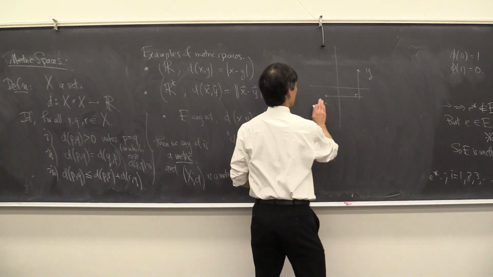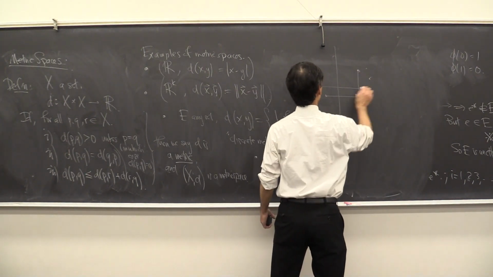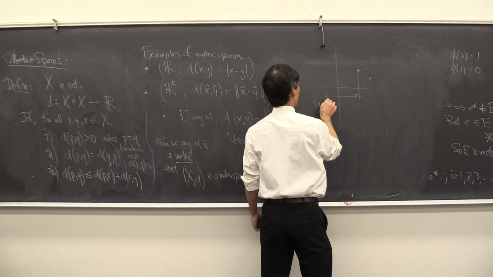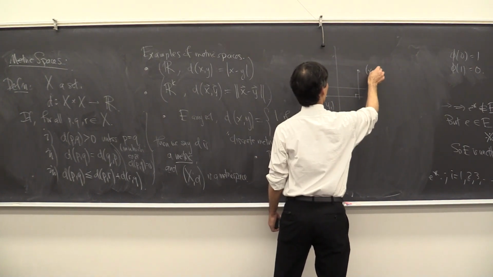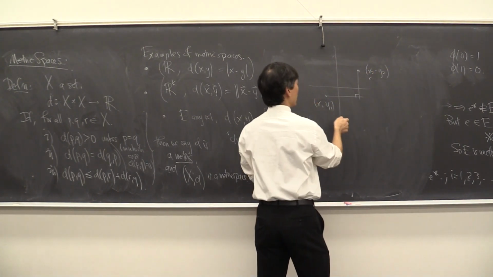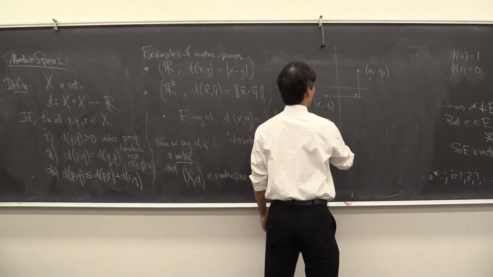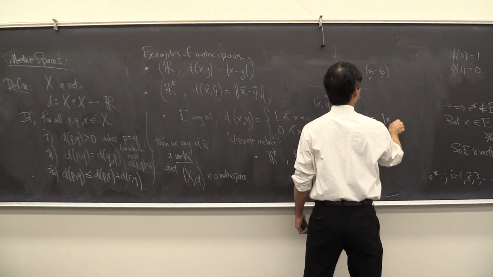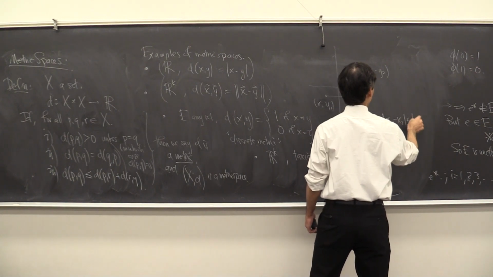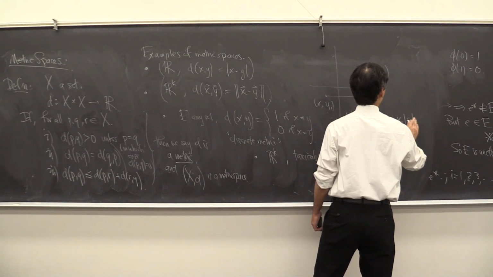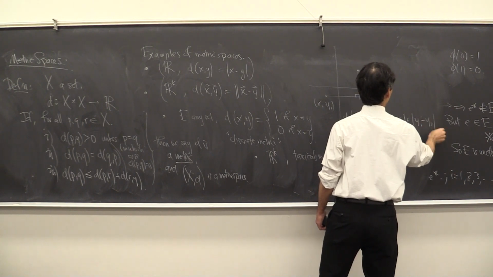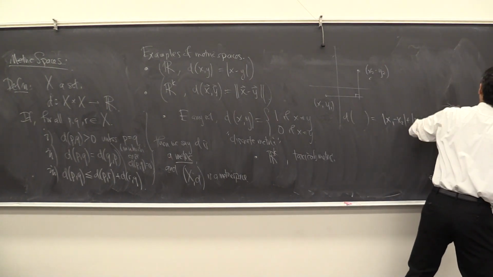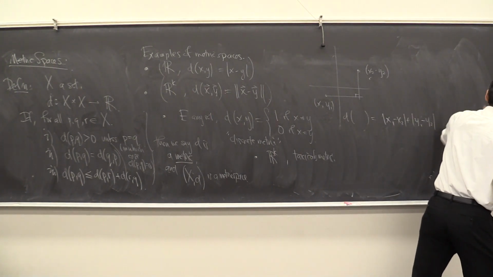Let's say this point is (x1, y1) and this one is (x2, y2). Then the distance between those two points would be the absolute value of x1 minus x2, plus the absolute value of y1 minus y2. In other words, these perpendicular distances.